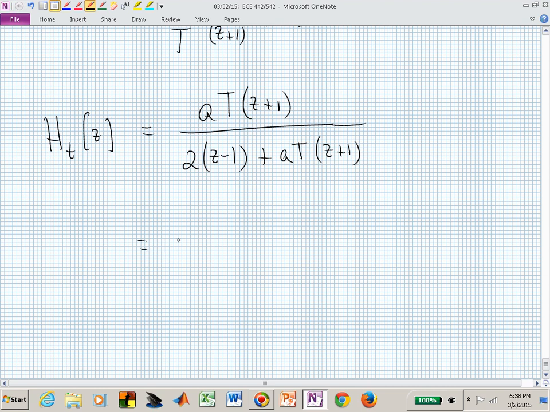Or, if we collect coefficients for z and constant terms, we now have 2 plus AT scaling z plus AT minus 2. And upstairs we still have this AT z plus 1.